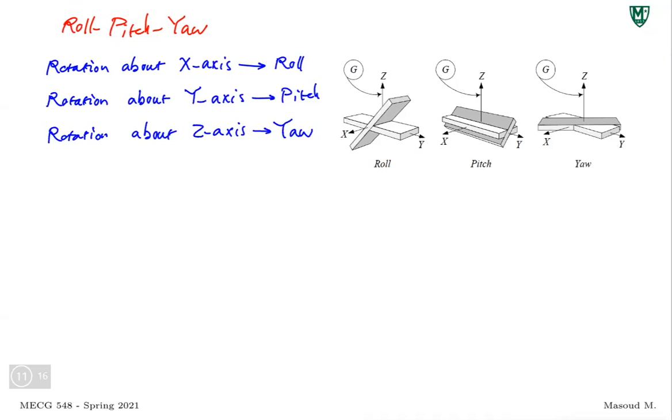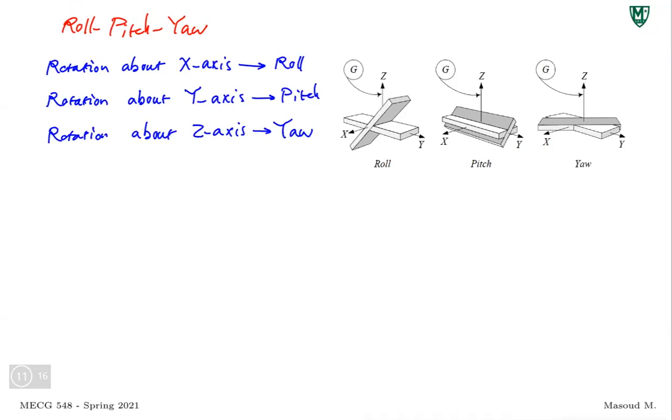So as a result, since the book talks about rotation about local coordinates, like local frame axes, you will see roll, pitch, and yaw defined in that way as well. Right? Rotation about x, y, z, but in the local coordinate frame. And the last thing that you'll see in the textbook is actually a very important concept, but again, it doesn't help with what we cover in this course.